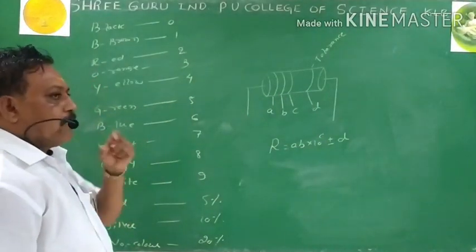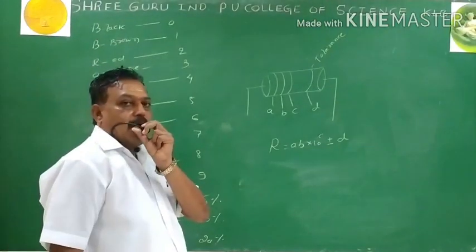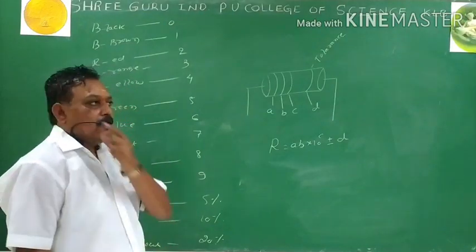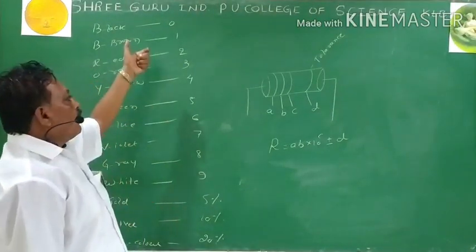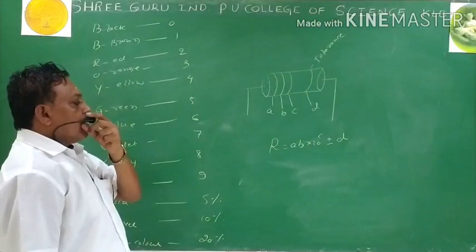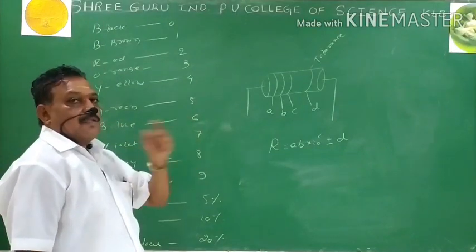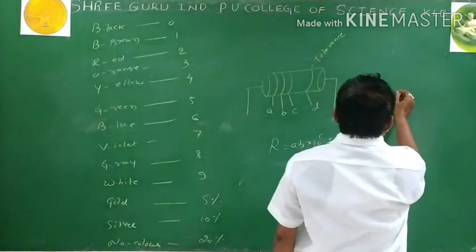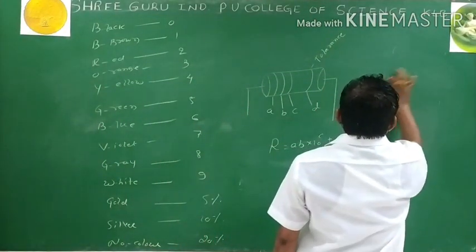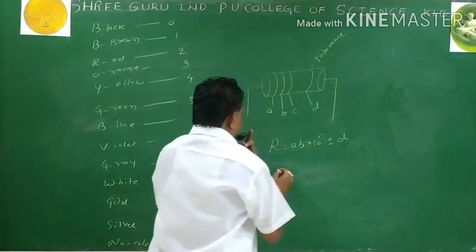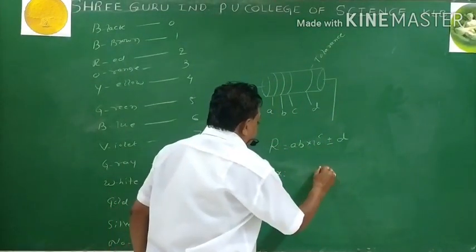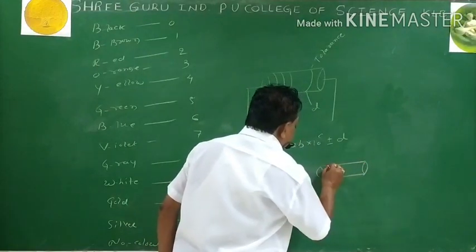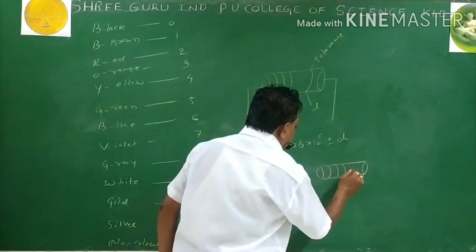So I take a simple example for the resistor. When you have the resistor in your hand, there are four color bands. By reading those colors and knowing the value of the respective colors, we can find the value of resistance. Now this is our carbon composition resistor, consisting of four bands.